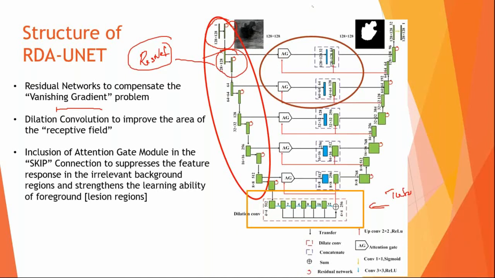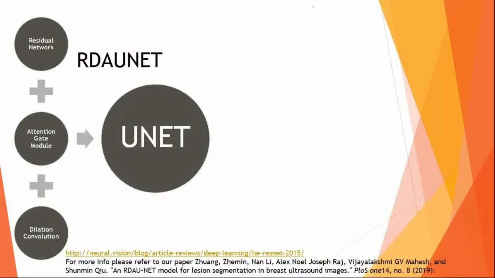What this did is give a learning ability to focus more on the foreground rather than on the background. So we employed these three different novelties in the existing U-Net architecture, and we called it the RDA U-Net architecture. And this is what it is.